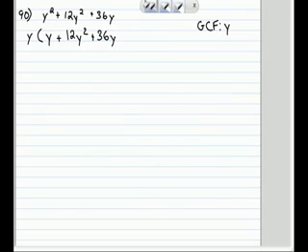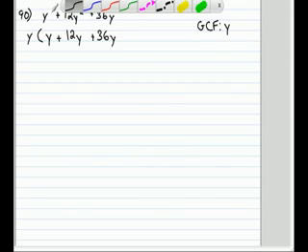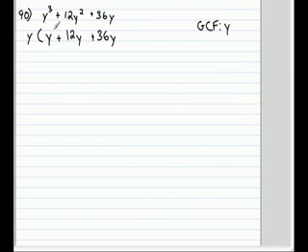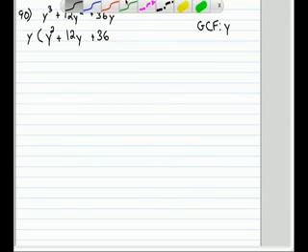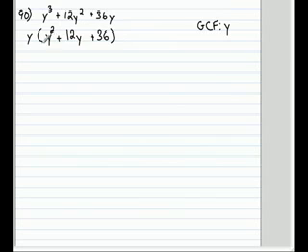Whoa, hang on, I forgot to take out some y's, didn't I? Oh, I copied the problem wrong. Let's look at 90, y cubed. There, now that works. Y squared, y, and 36. We take all those out. Y cubed, y squared, 36y.